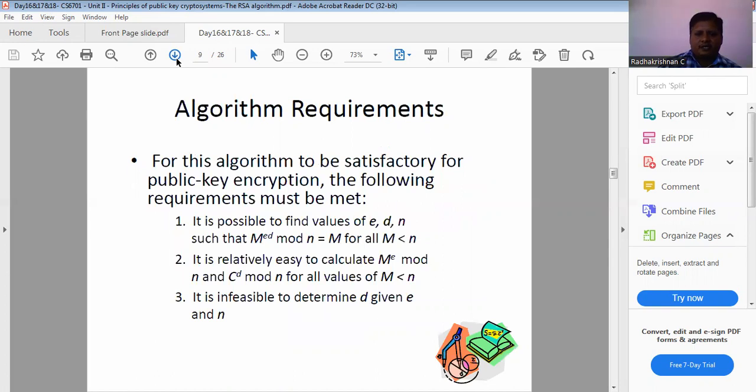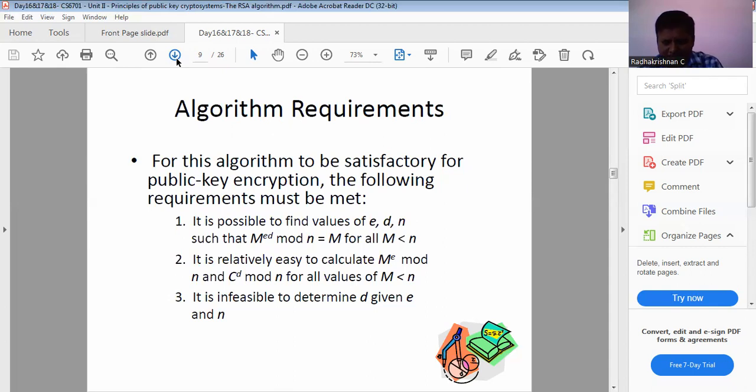What are the requirements of this algorithm? For the algorithm to be satisfactory for public key cryptography, the following requirements must be met. First, it is possible to find the values of e, d, n such that M power (e times d) mod n is equal to M for all M less than n.